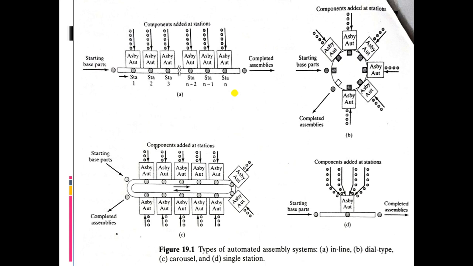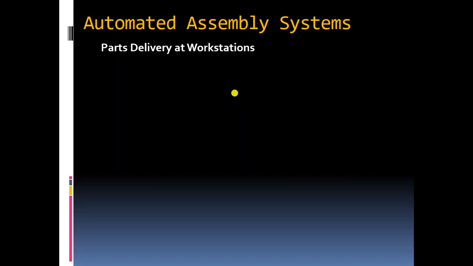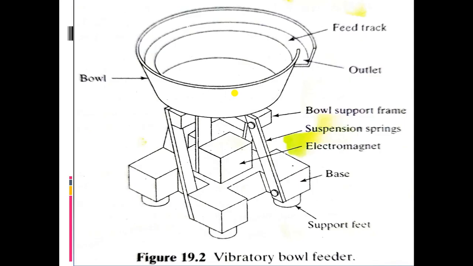Then the single station assembly machine. So these are the general layouts for the assembly systems, and this will involve different parts.